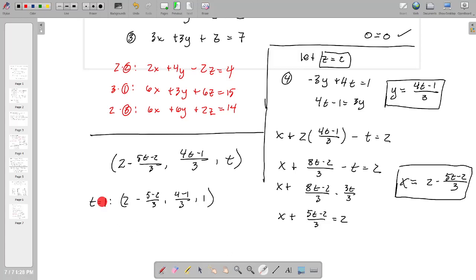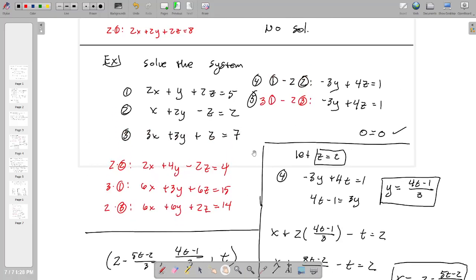Just plugging in 1 for t. So 5 times 1 would be 5 minus 2. So we'd have 3 divided by 3 here, which is 1. So 2 minus 1 is a 1. 4 minus 1 divided by 3 is also 1. And z is 1 as well. So this would be a specific point that is a solution.